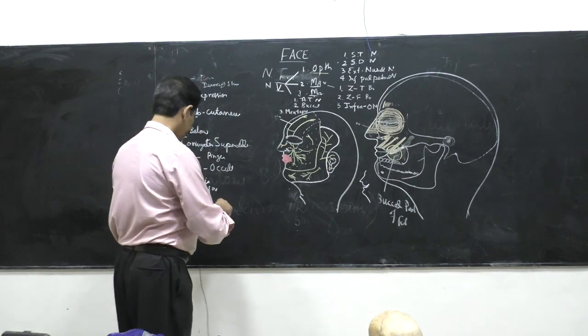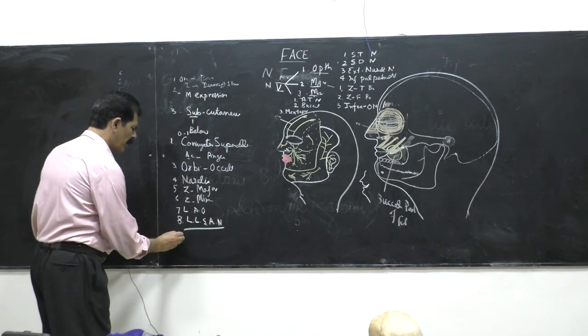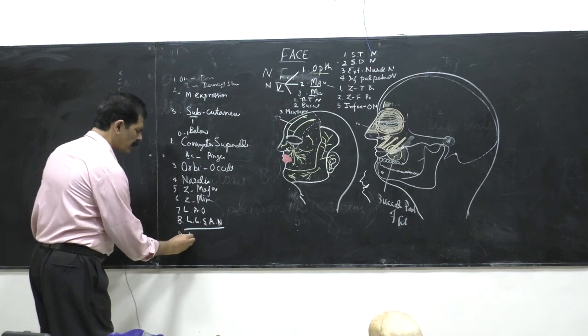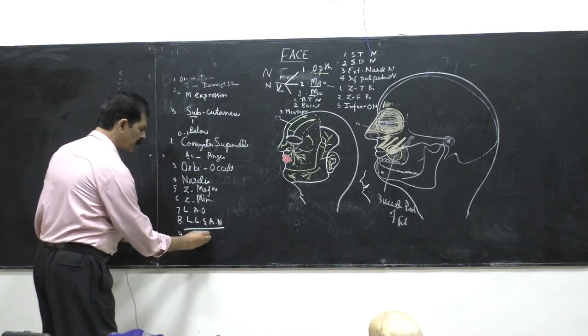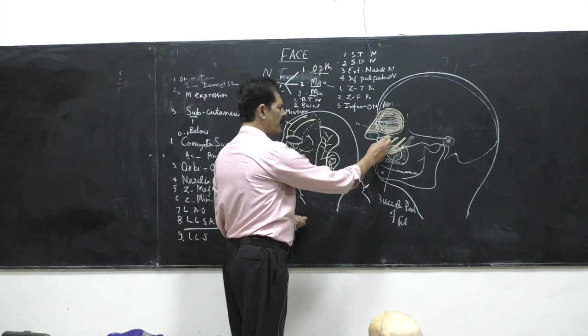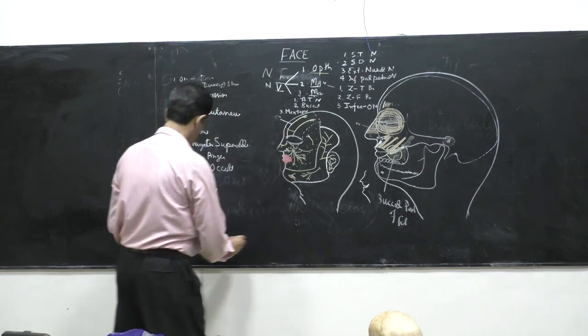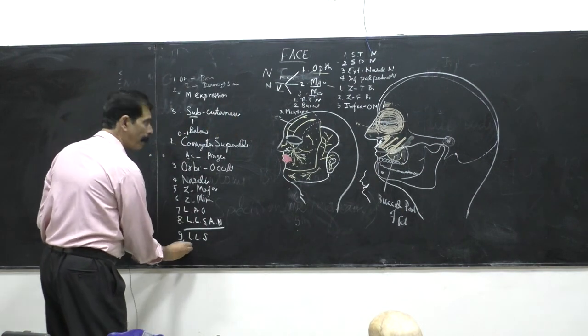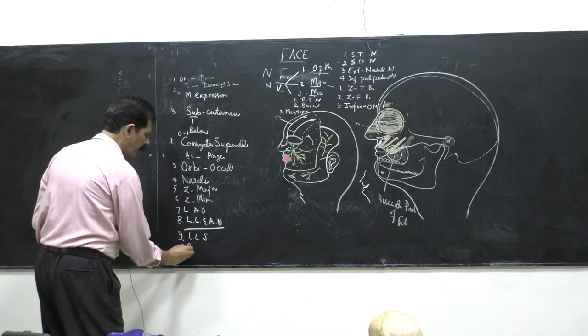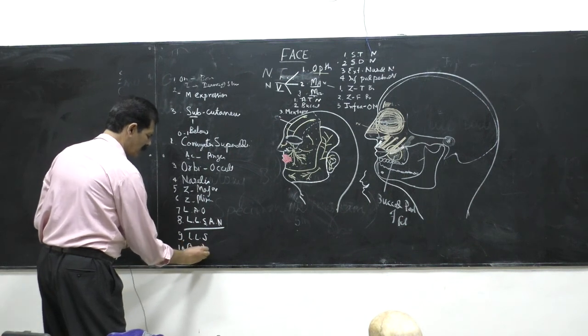Another muscle name you have to remember is levator labii superioris. An additional muscle for the upper lip. Then the muscle of the lower part is called the orbicularis oris.